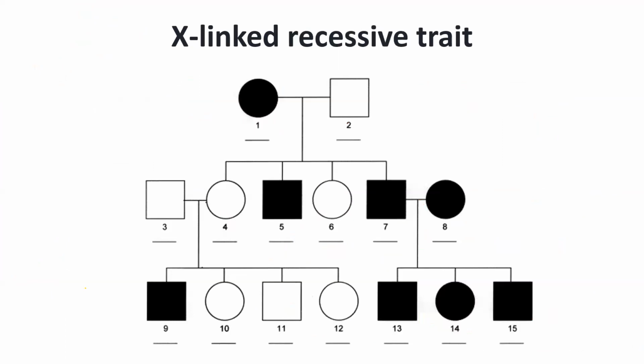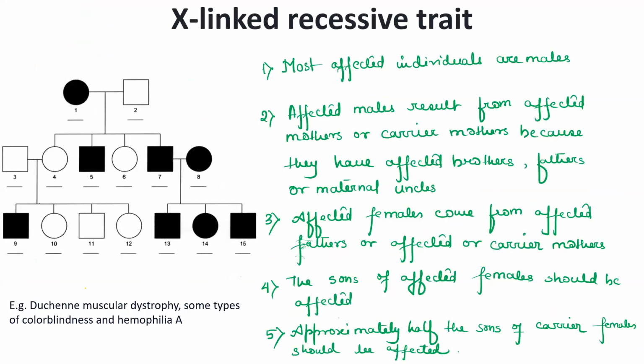The last one we'll talk about is the X-linked recessive trait. This is also an interesting one. Most affected individuals are male. Majority are males here. That means females are generally carriers here.